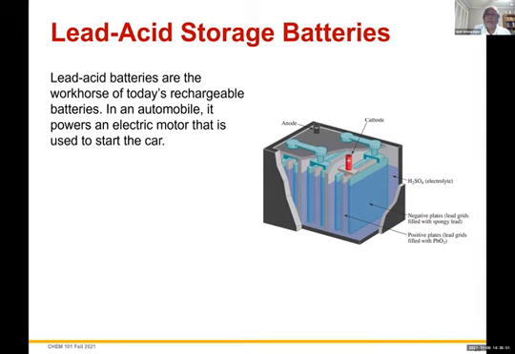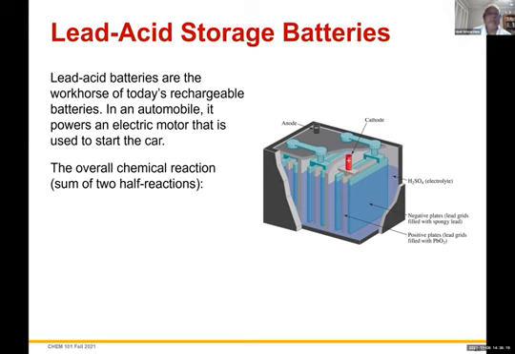We also use lead acid batteries to store solar energy. So therefore it's become a workhorse. Some solar power grids use lithium ion batteries now. They are a little expensive.